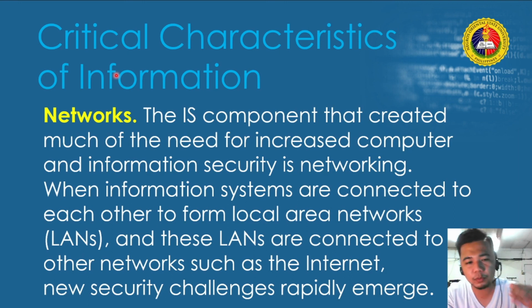It's because it will face new security challenges. Because instead of just the entire university or the entire campus having access, an outsider could gain access. Alright? So again, networks are still very crucial in maintaining information security or information system security.